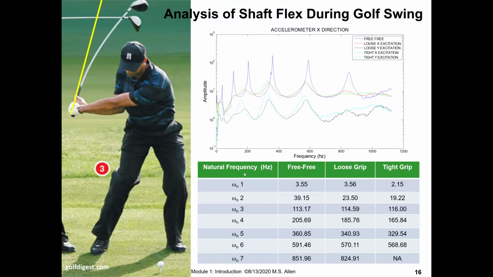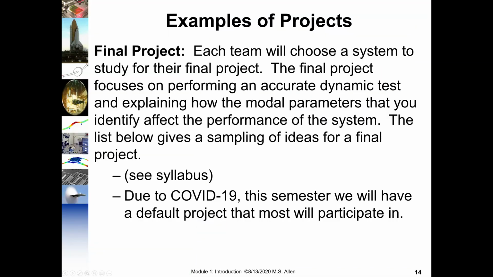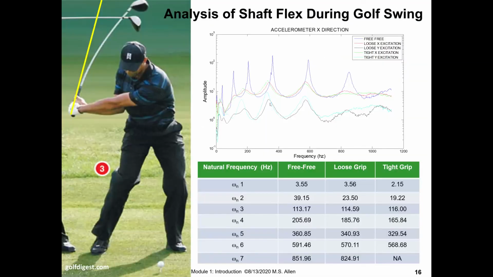Another fun project that one group did was analysis of a golf club shaft. They measured the vibrations of golf club shafts that were held really lightly, and they looked at how that changed if you were gripping the club tightly. That's more like the actual operating condition.